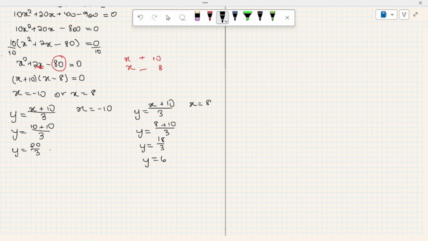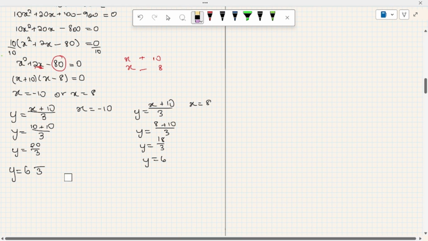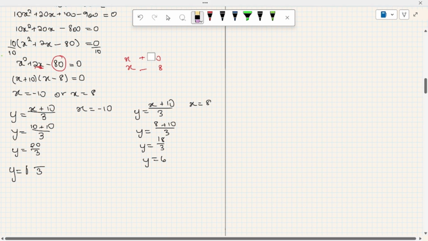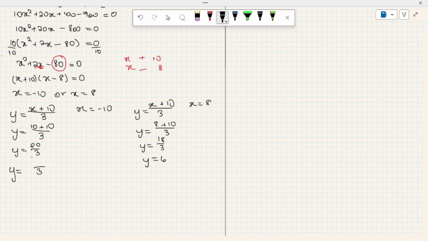It goes 6 times, and the remainder is 2, so it's 6 and 2 over 3.